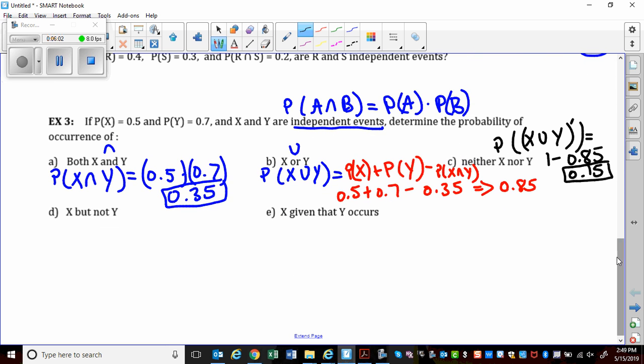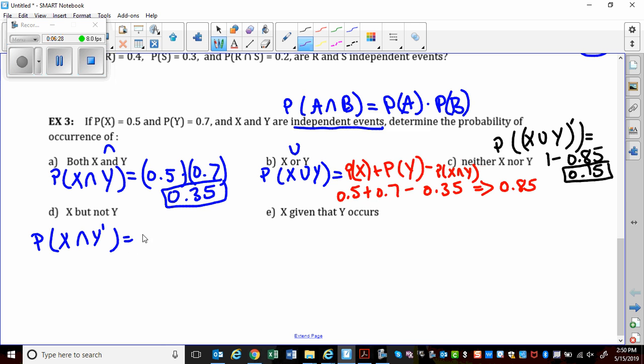X but not y. Well, these are independent events. So we want the probability of x intersecting not y, so the complement of y. Remember, for these independent events we multiply.